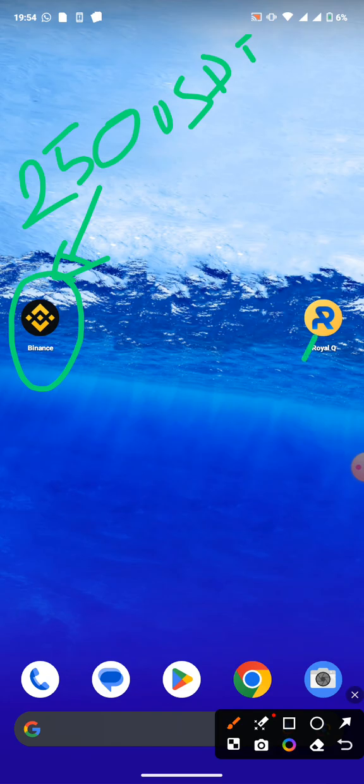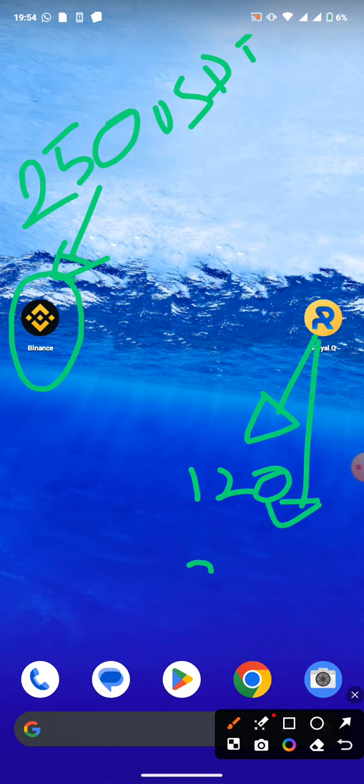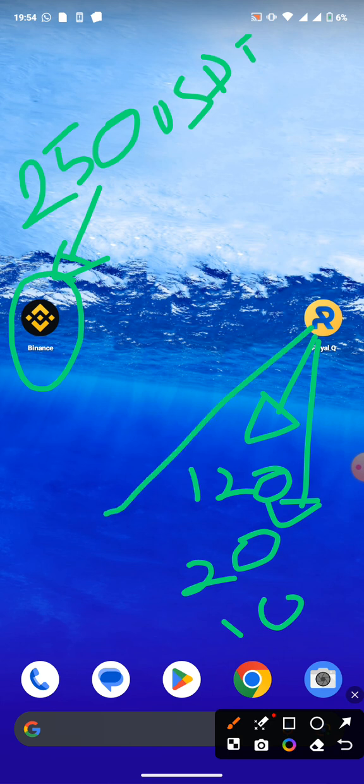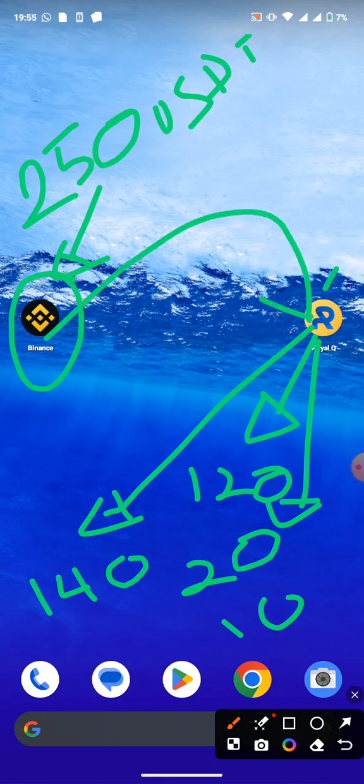But you know that this robot, the RoyalQ robot, is worth 120 USDT. You have to fuel this robot with either $20 or $10. It depends on you. You have to fuel it. Then you confirm that adding the activation fee and the fuel fee, roughly that will be a total of 140 USDT. So you're going to withdraw 140 USDT from your Binance and bring it to this RoyalQ robot.